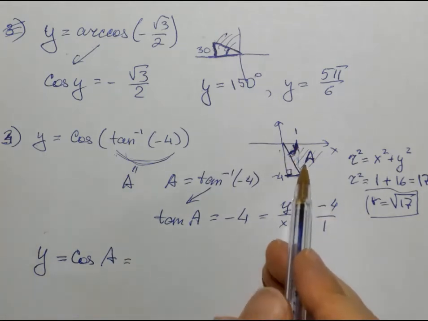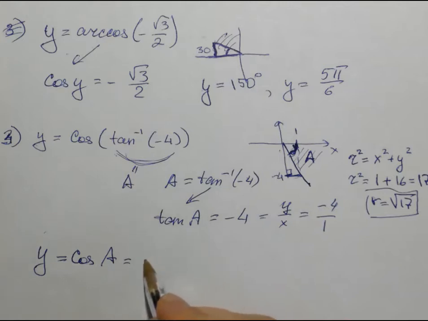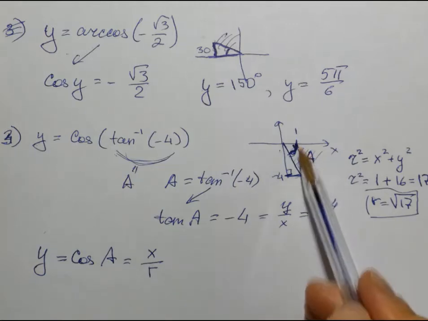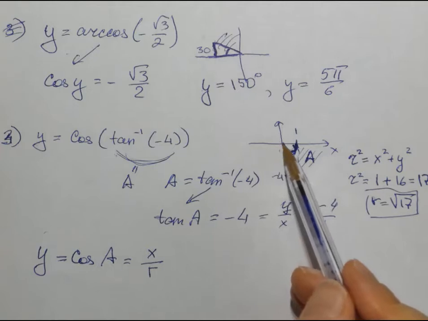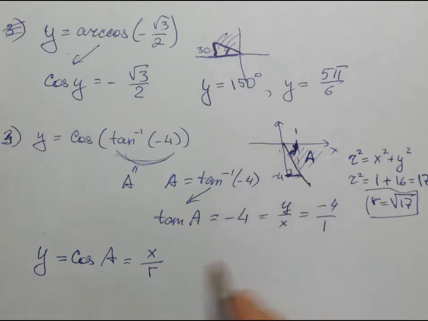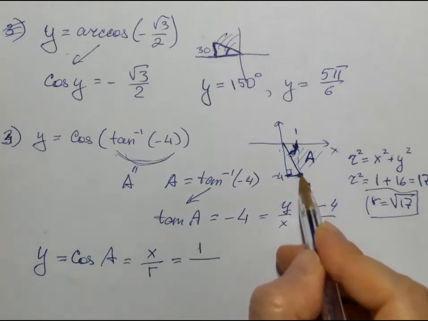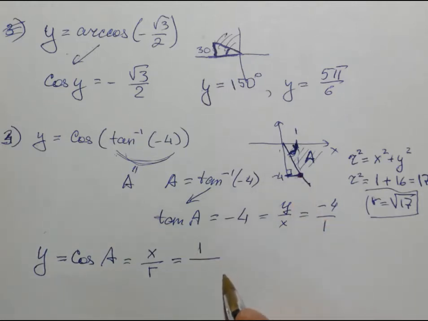And cosine of A is x over r. In this formula, we take x and r from the graph. X is the x-coordinate, r is the distance from the origin. X is 1. We consider this point on the right triangle.